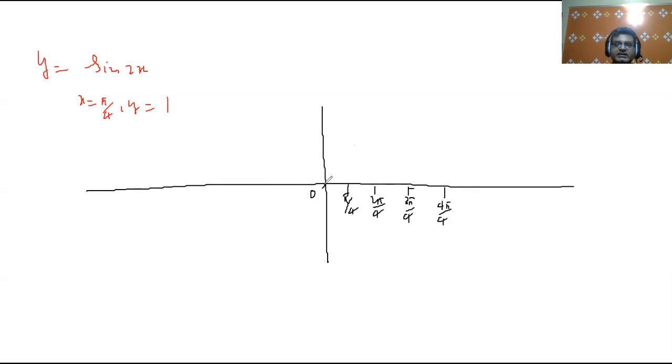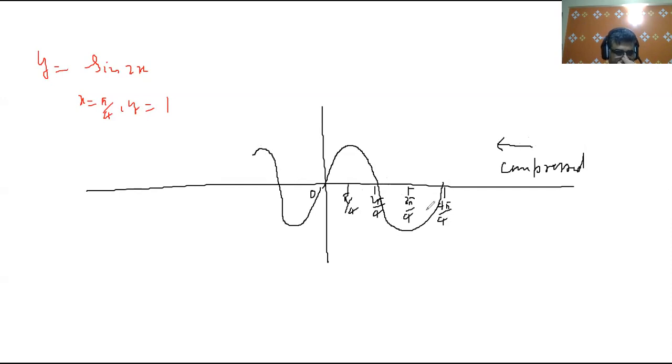So you can see that the graph will be like this. The graph will be compressed from this side. Now the period is going to be pi only. So the period is pi.